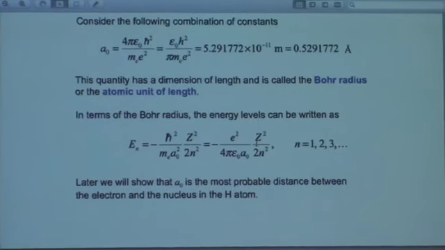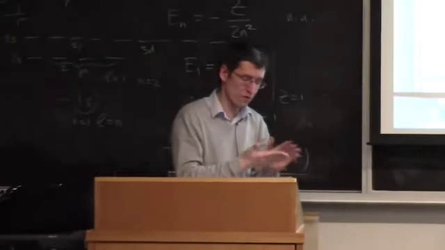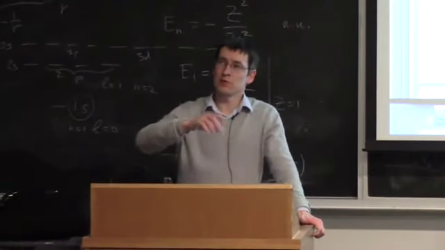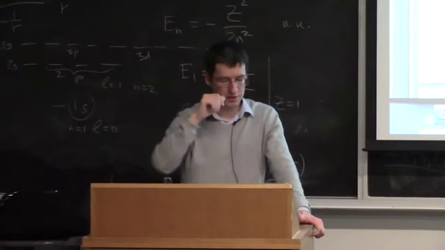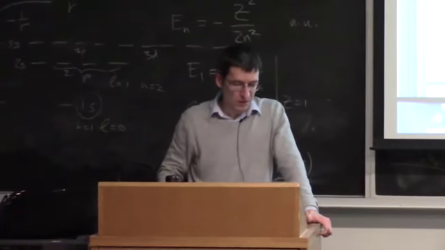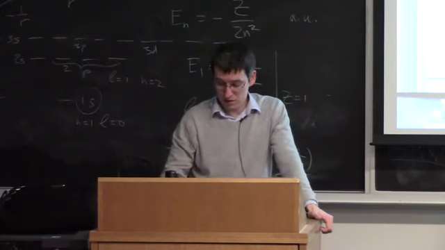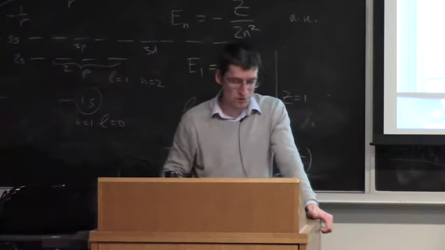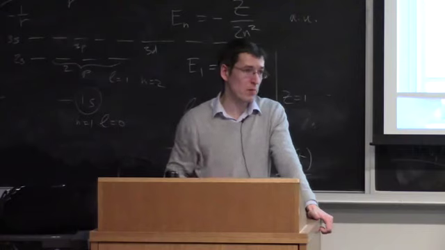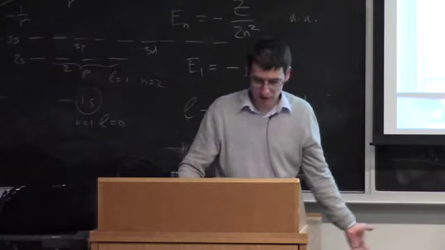Okay, so this A0 was obtained in the Bohr theory as the radius from the nucleus where the electron is orbiting, but it's not so far from the truth after all. That's why it was left in the theory as a unit, because A0 is the most probable distance between the electron and the nucleus, and that we will be able to confirm by just looking at the most probable distance between electron and nucleus.